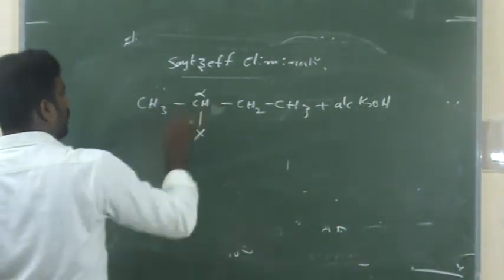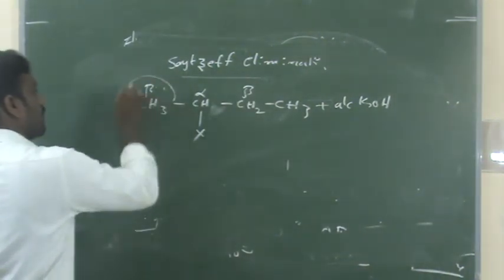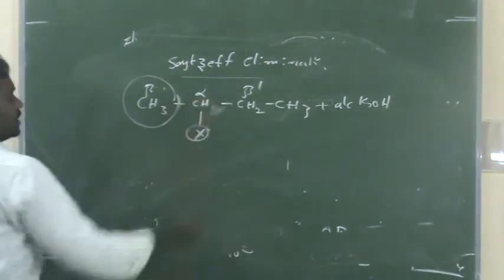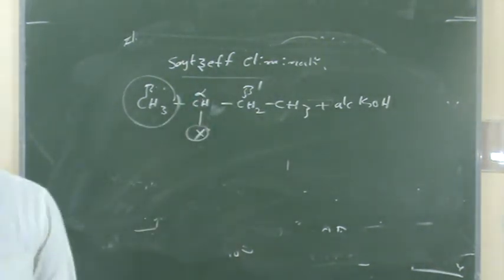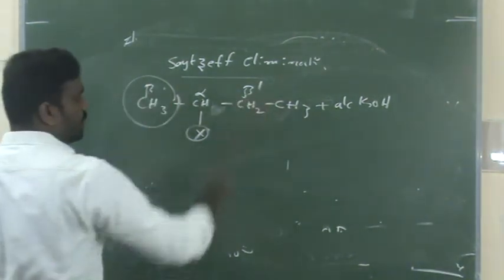That is called the alpha position, this is called the beta position, and this is called the beta dash position. Now this is a functional group. The position adjacent to the functional group is called the alpha position, and the positions on the side of the functional group are called beta positions, and this is the beta dash position.